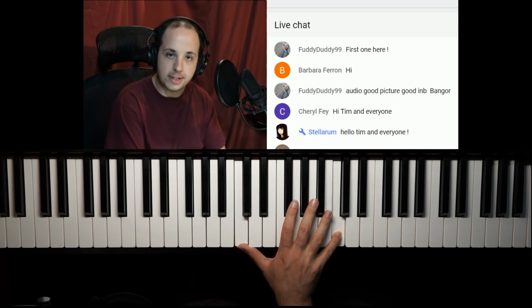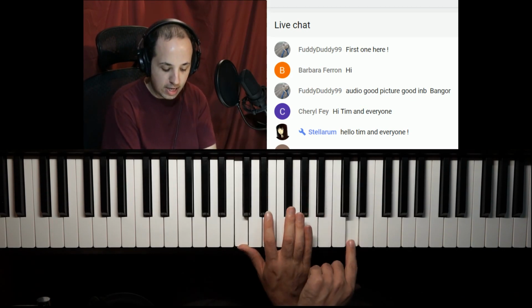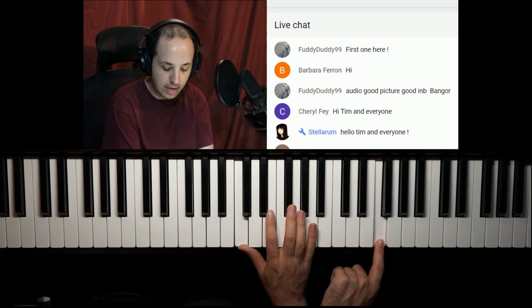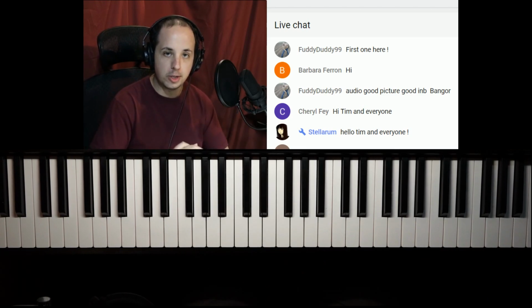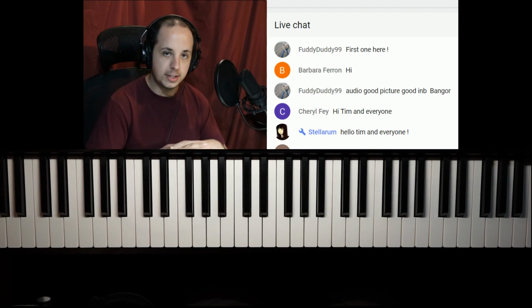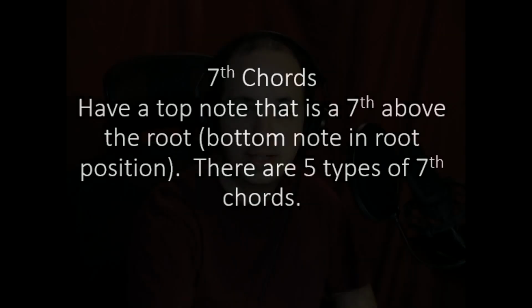We all know what an octave is, I think, 8 notes. And then you have a 9th, 10th, 11th, 12th, 13th, and it goes on beyond that. So that will really come into play when we start talking about these types of chords, which we'll do right now.